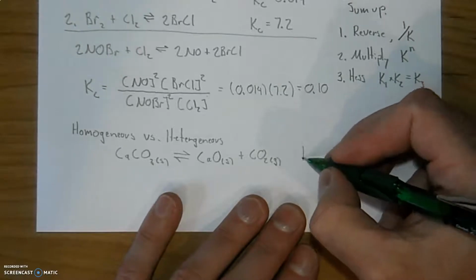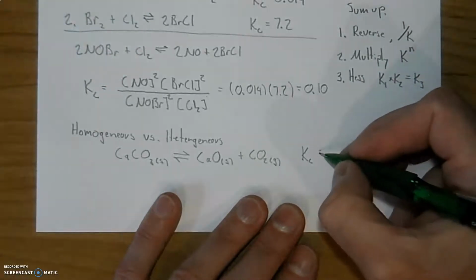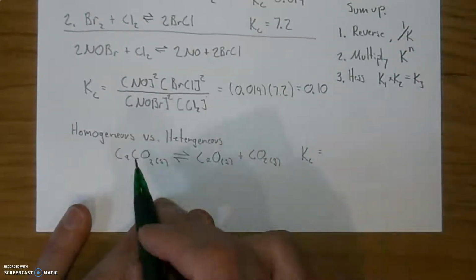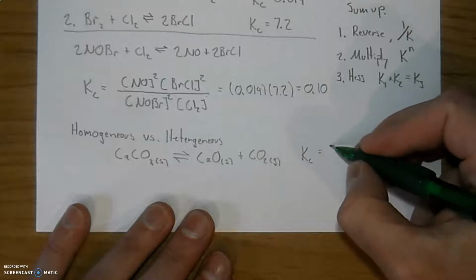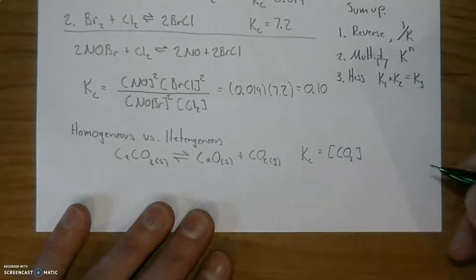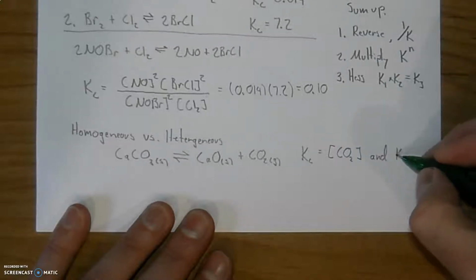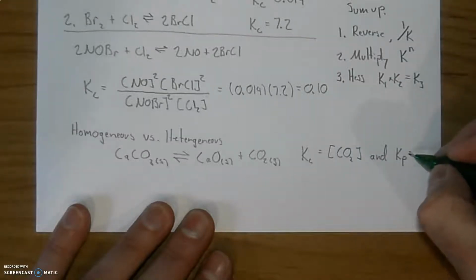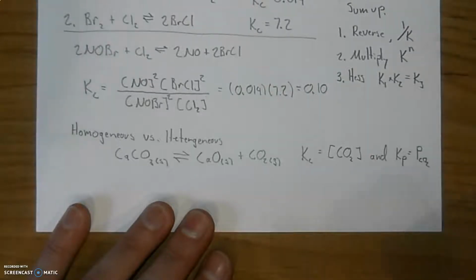And when I look at what would be the equilibrium expression for this, products over reactants, two products, one reactant, what we will find is the concentration of carbon dioxide, or you could write this simply as the pressure of carbon dioxide gas.